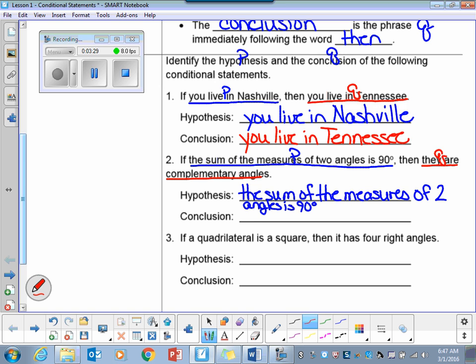This is our conclusion. They are complementary angles.